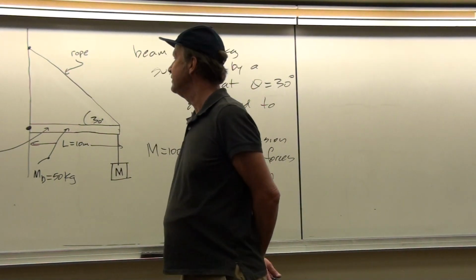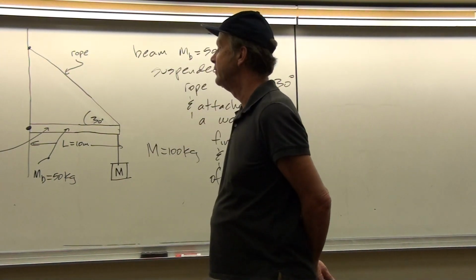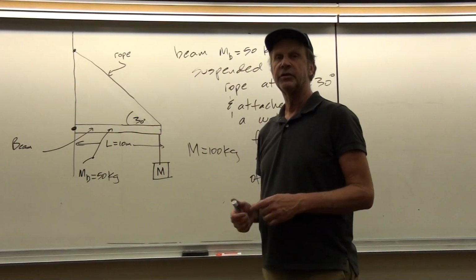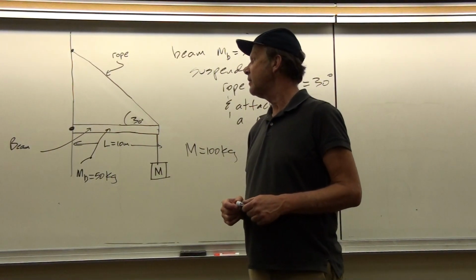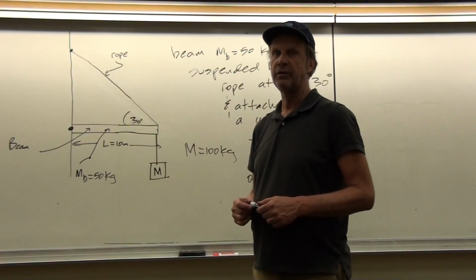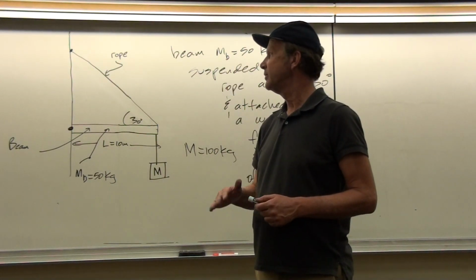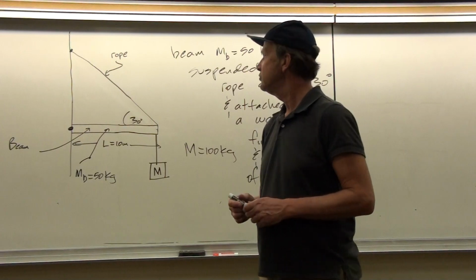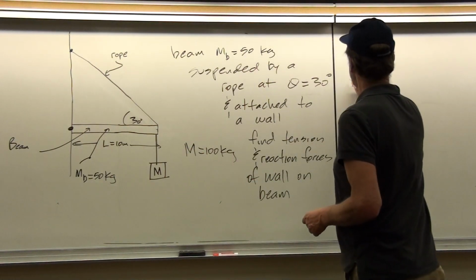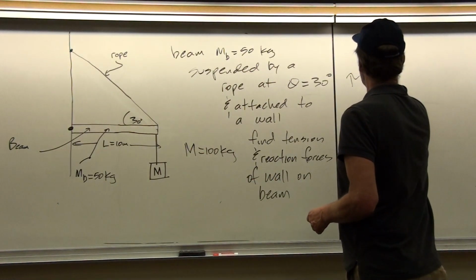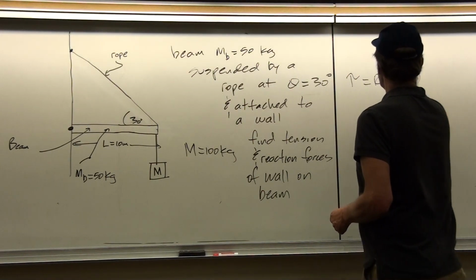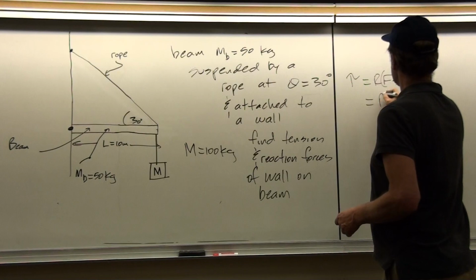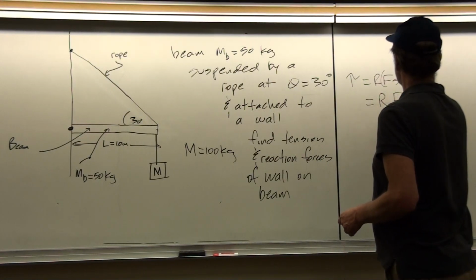Next, what I'd like to do is take a look at a problem in which the forces are applied in such a way that not all of them are perpendicular to the radius vector. So in other words, we're going to have to do that torque equals R F sine theta, where F sine theta is F perpendicular.